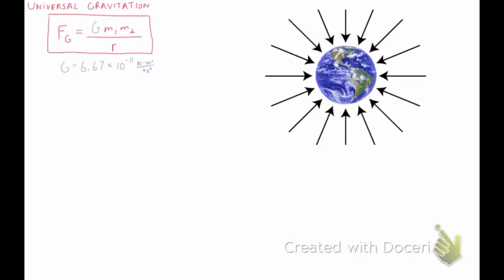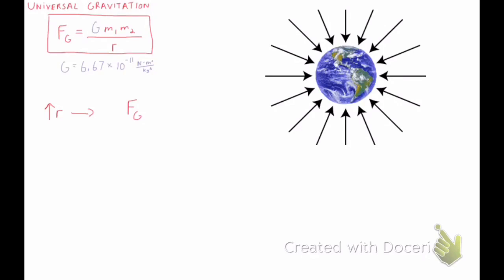Let's talk about this formula and see exactly what happens when we manipulate certain parameters of this formula. Well, what happens when we increase the distance or increase that radius between the two objects? Let's see. So we're going to increase the radius. What does that do to our force of gravity?